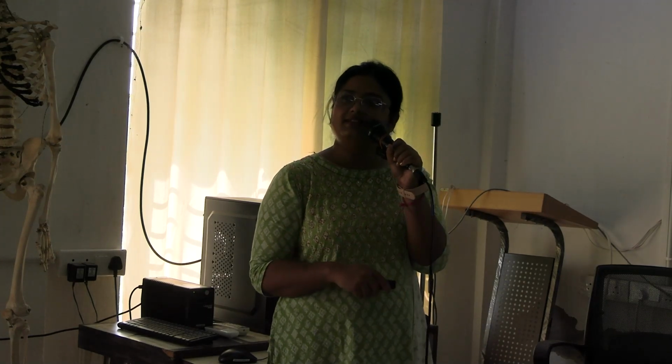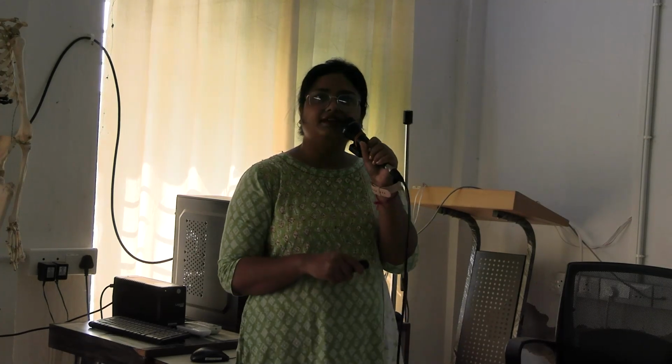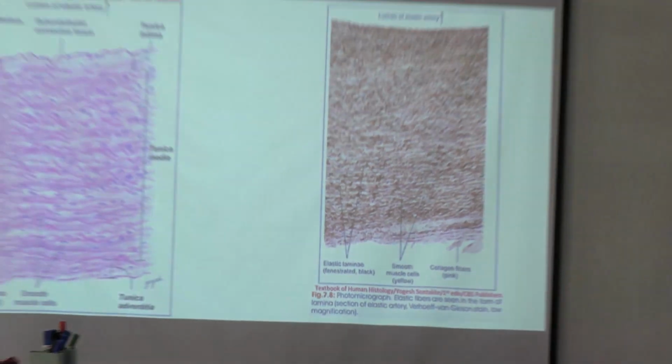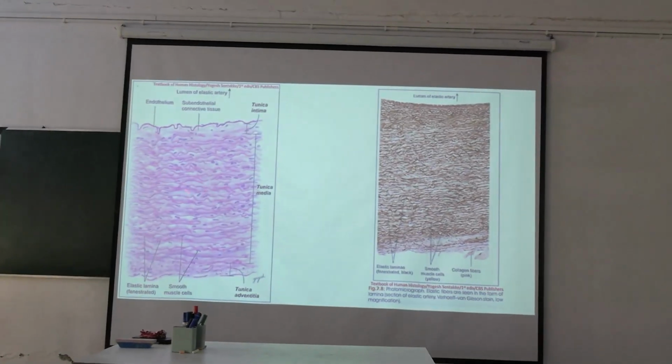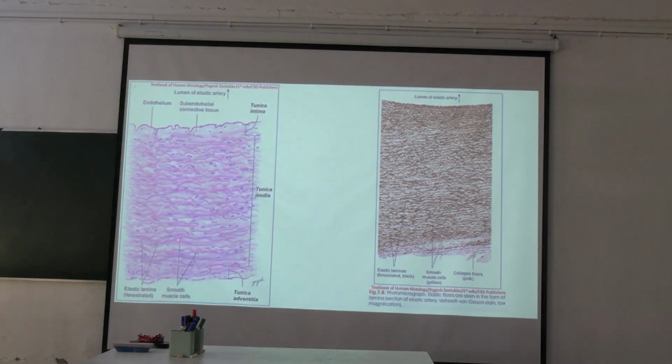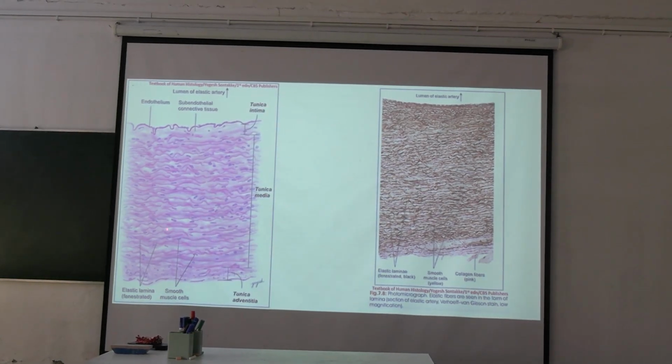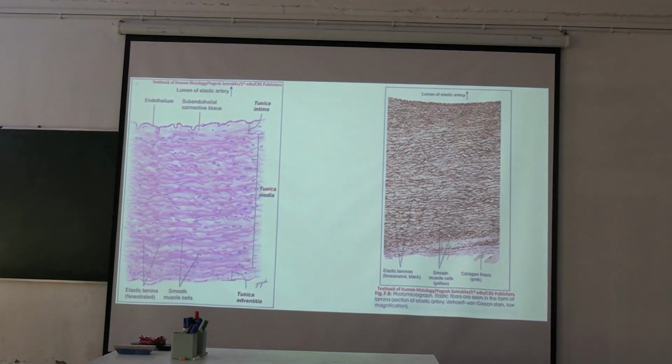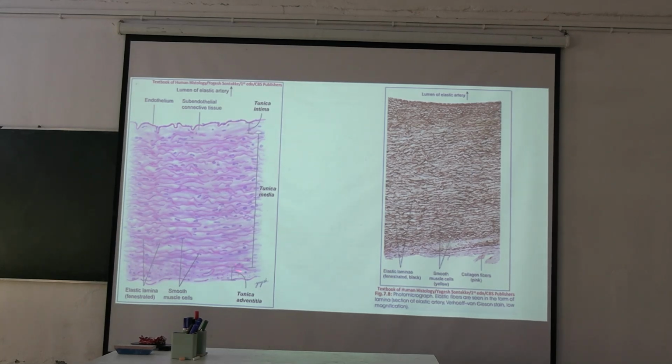Within the tunica media you see the pink lines. The pink lines consist of elastic lamina formed by the elastic fibers. In between the fibers are smooth muscle cells. The nuclei of smooth muscle cells you can see here. And this tunica adventitia consists of loose areolar connective tissue.